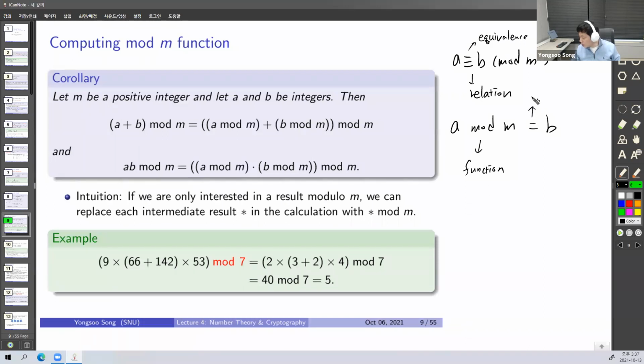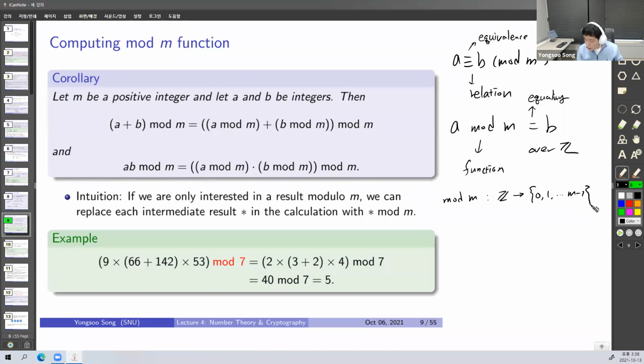While we use the equality symbol here. So this is a relation over integers modulo m, while the second equation is just equality over the set of integers. This mod m is a function from Z to the set of integers from 0 to m minus 1.